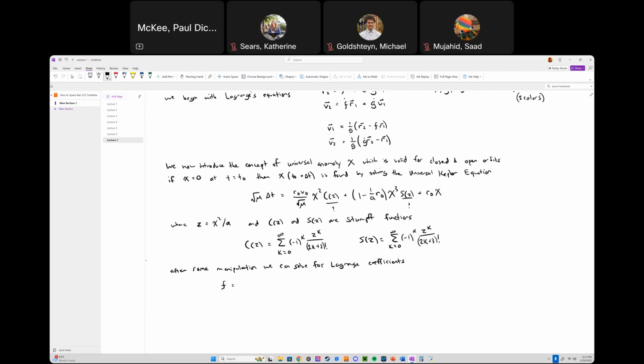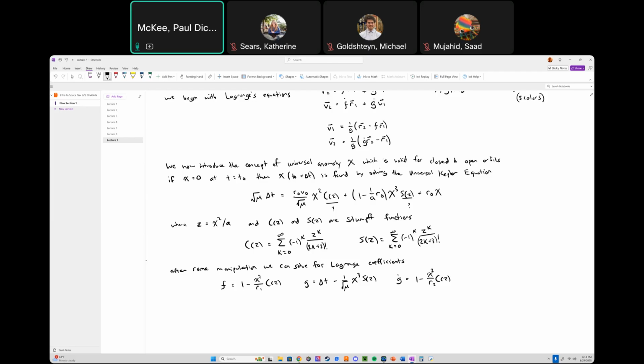F is 1 minus chi squared over R1 C of Z. G is delta T minus 1 over square root mu chi cubed S of Z. G dot is 1 minus chi squared over R2 C of Z. And we actually don't need F dot to complete this derivation, so we're going to skip that one.